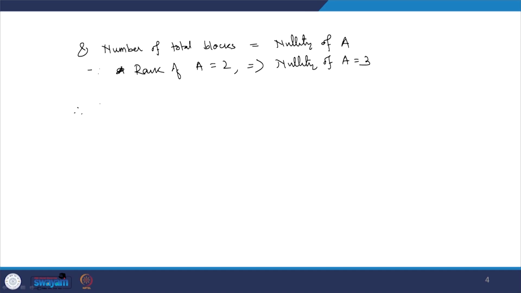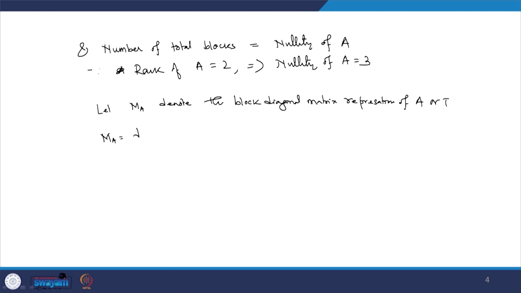So, let M A denote the block diagonal matrix representation of A or T. Then M A will be a diagonal matrix where one block will be of order 3, since the index of A equal to 3.